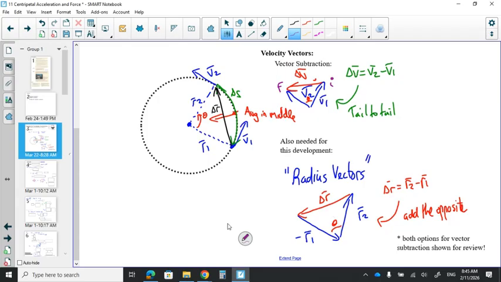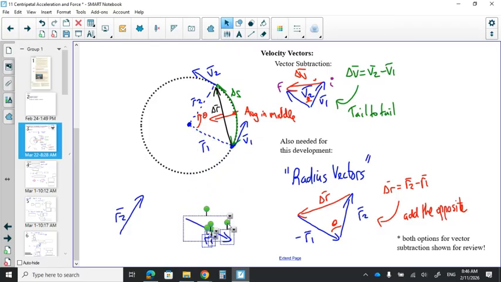Let me just do this on the fly here. We've got the R2 vector and the R1 vector. I'm giving myself vectors I can use here. We want R2 plus the opposite of R1, so I'm going to take that vector, group it back together because it ungrouped on me, and flip it around to be the opposite vector.